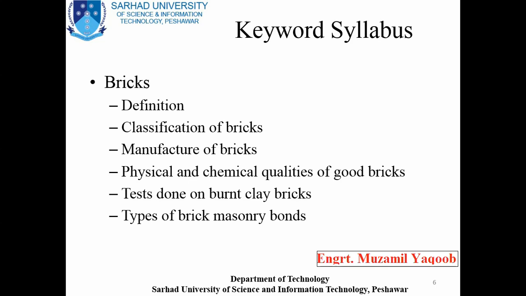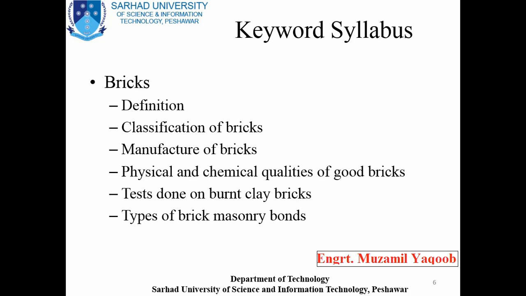Then come the physical and chemical qualities of good bricks. We will study both of these qualities. After that, the tests done on burned clay bricks. Basically these tests are conducted to find out the bricks' suitability for construction work. Generally 7 tests are important.